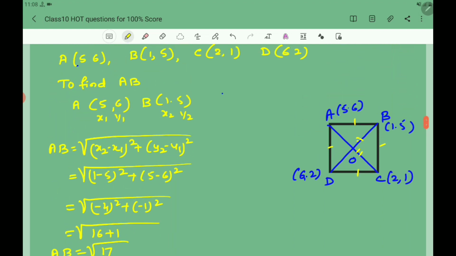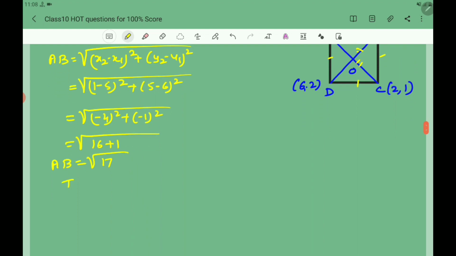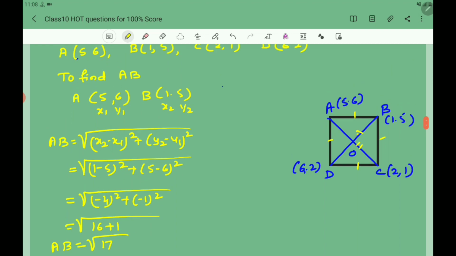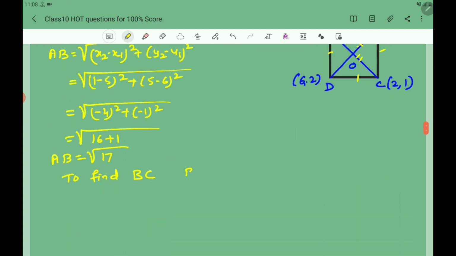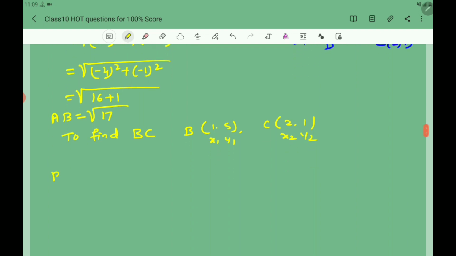Then you take BC. To find BC, take the points B(1,5), C(2,1). These are x1, y1 and these are x2, y2. Then you write the distance formula.